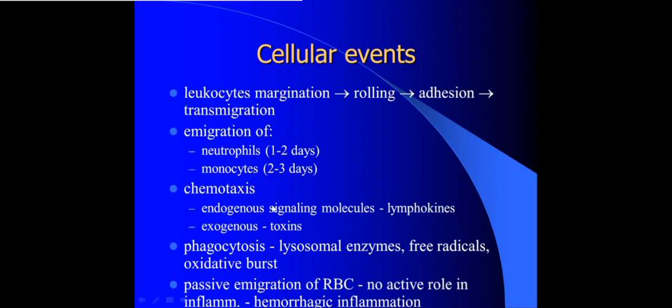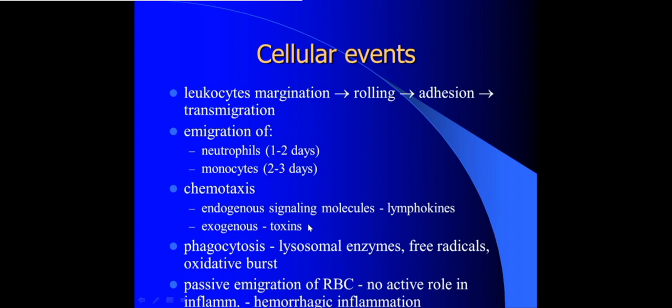Next is chemotaxis. Chemotaxis involves endogenous signaling molecules, which act as lymphokines, and exogenous molecules, that is toxins.